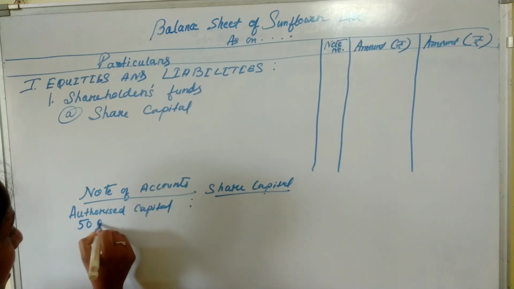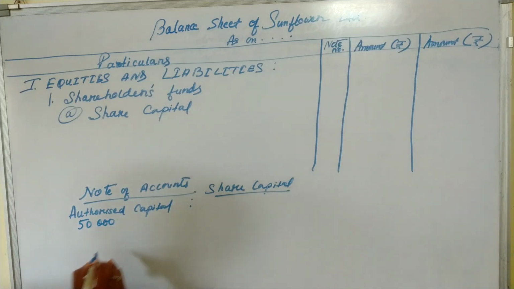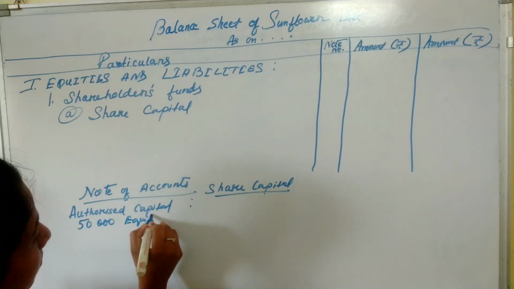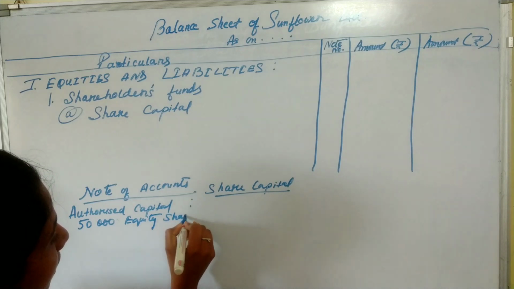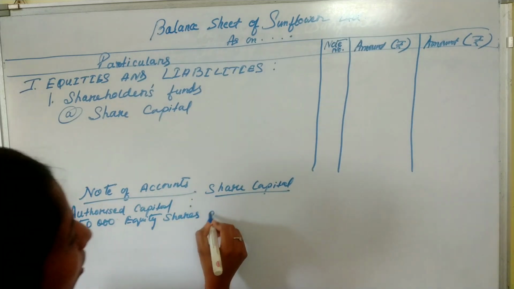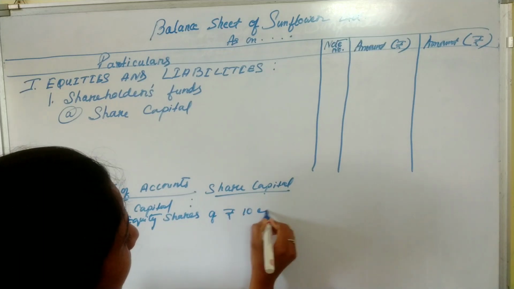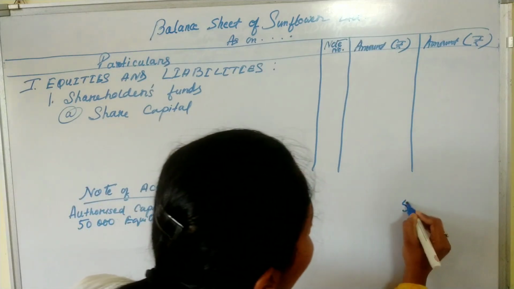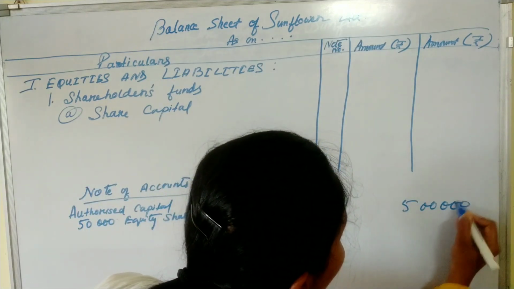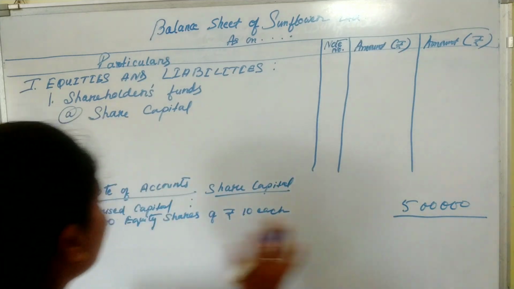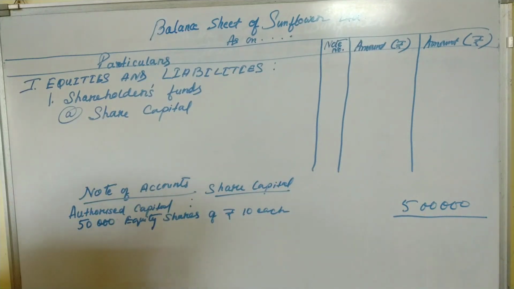So we will write here 50,000 equity shares of rupees 10 each, which is 5 lakh. Now we will put a dash and close this one, because this is the authorized capital.